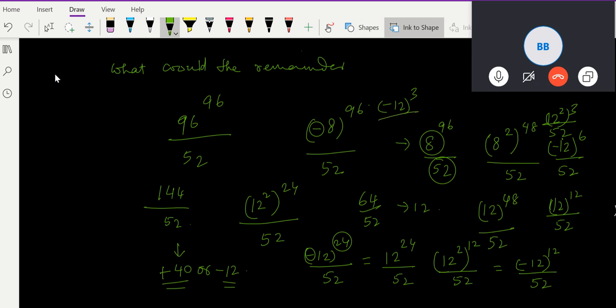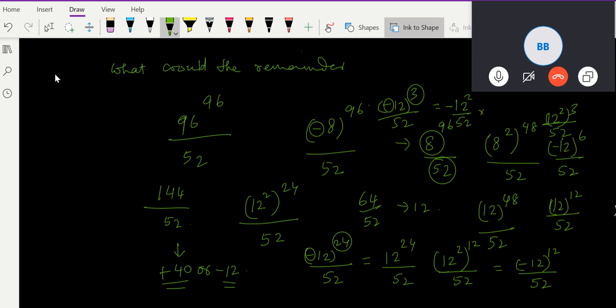Now this is the odd power, so it stays minus. That means minus 12 squared by 52 multiplied by 12.